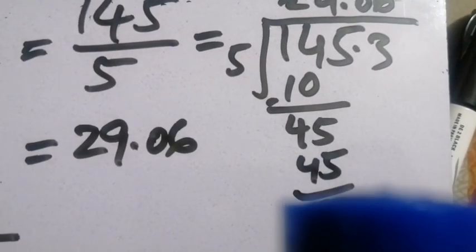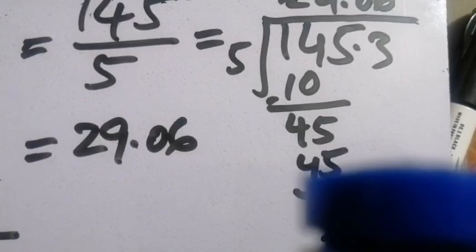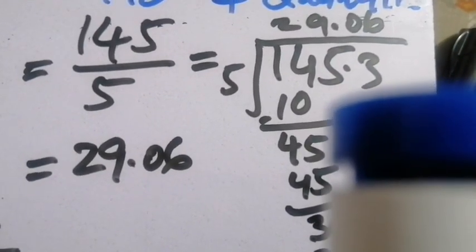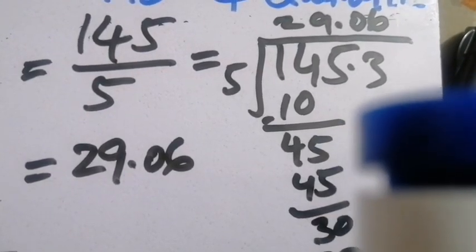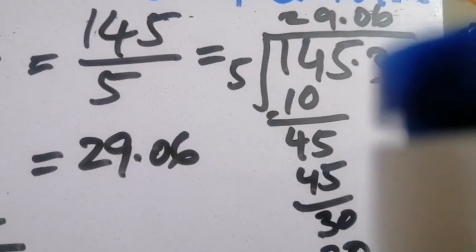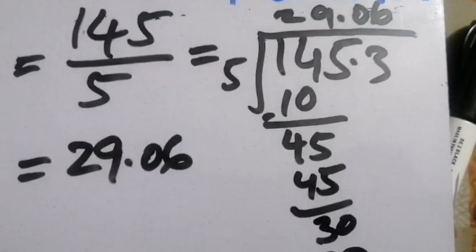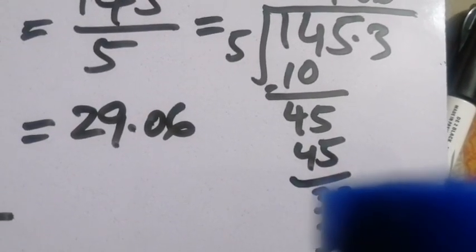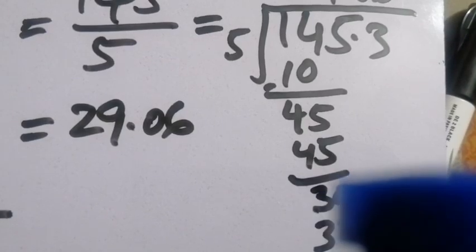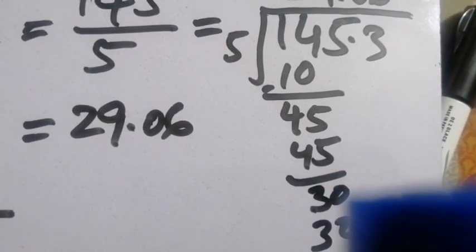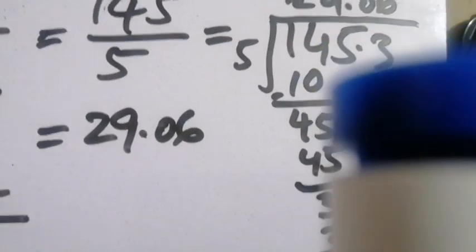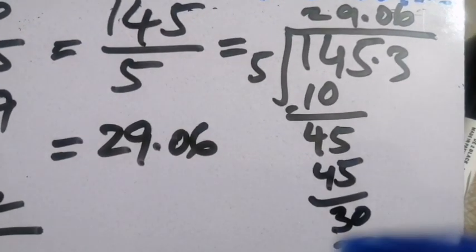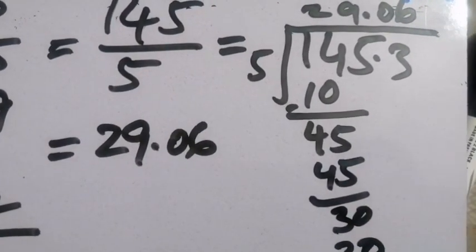There is nothing down, so we have 0.3 as well. In this type of question, we'll bring the 3 down. So it is 3, but 3 is less than 5, so we will place 0 over here, and we will add 0 over here. So now it is 30, 6 5s are 30.